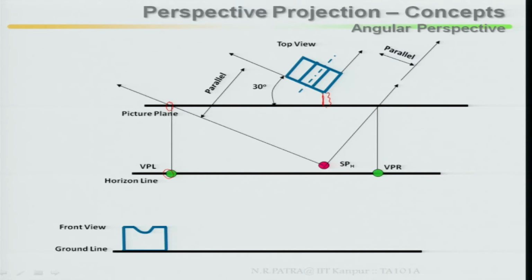What I do is, here it has been extended back, and here it has been extended back. Both these edges have been extended back and they touch your picture plane. Then from that touching point on the picture plane you project it back to your ground line, then get back to your front view, and project it back.